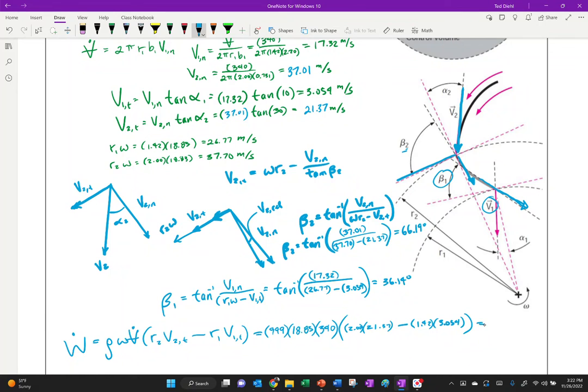And what we end up with is 2.450 E8 watts.